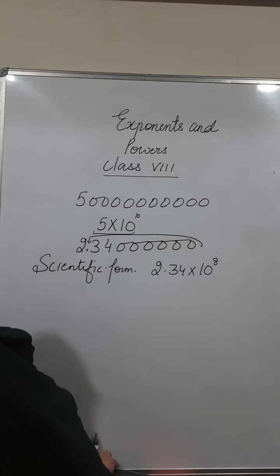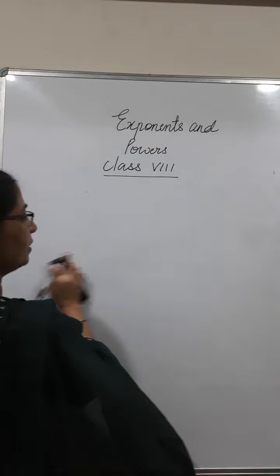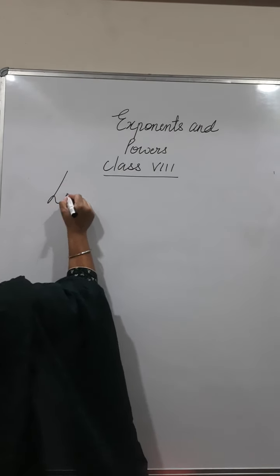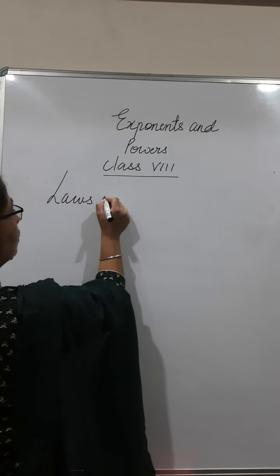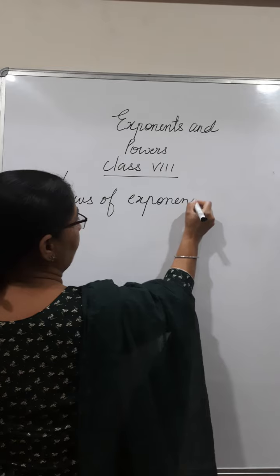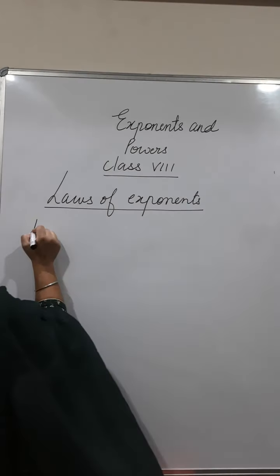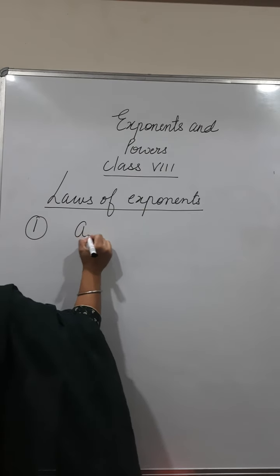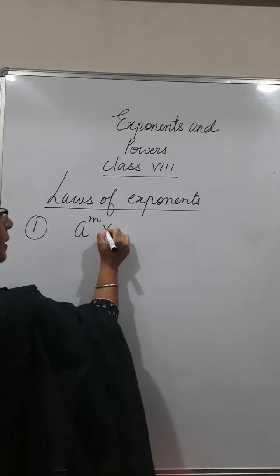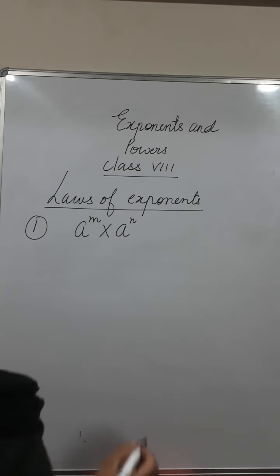Now I will be discussing with you the different laws on the basis of which we will be solving the exercise. So the next topic that I am going to take with you is laws of exponents. Beta, in the laws of exponents, the first law says that if I have got a number a with the power m and I multiply it with another number a with the power n, what happens?